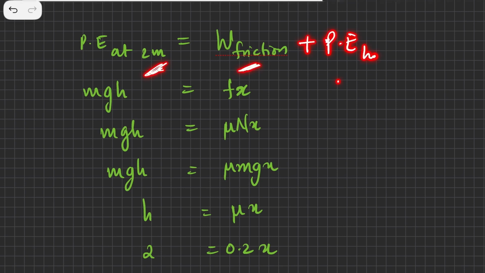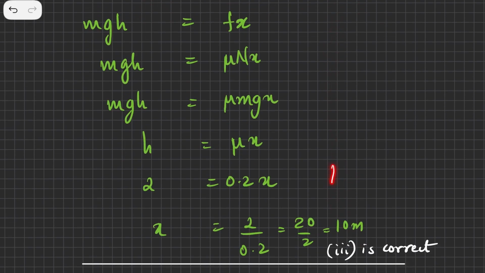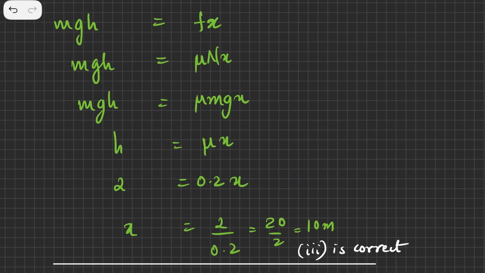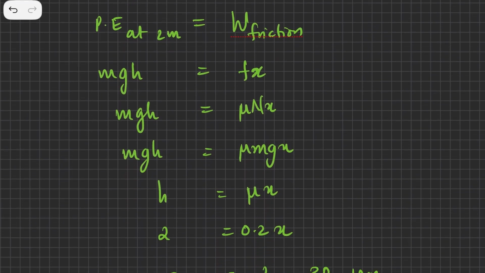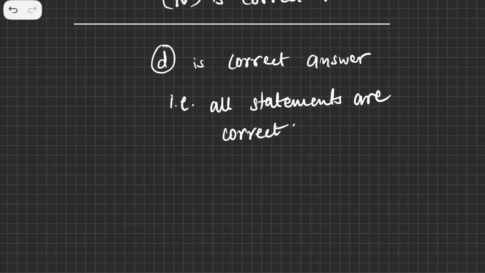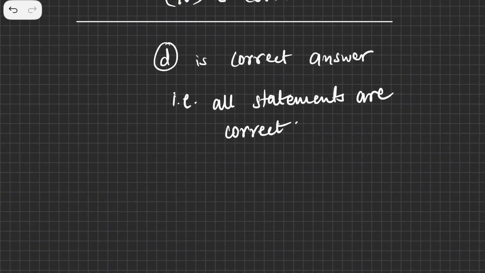If you have some time, you can solve this with potential energy at a height, and you will find this height would not come out. If you want to get a 2 over here, x has to settle at 10. It cannot have any other value, and if there was a potential energy, you would have gotten an absurd value. This is what I would have done if I did not have options.